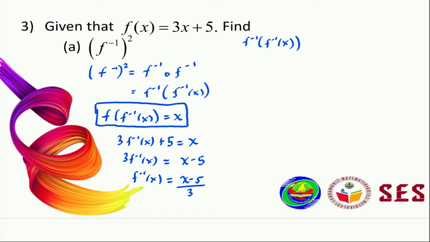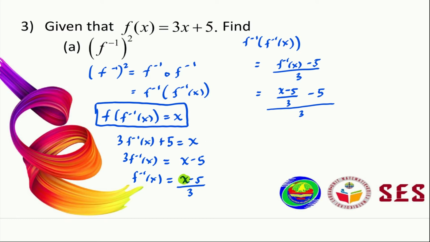We are trying to substitute this x here with f inverse, so we have f inverse x minus 5 over 3. Again, we are replacing this x here with itself, so what we have here is x minus 5 over 3, minus 5, over 3.